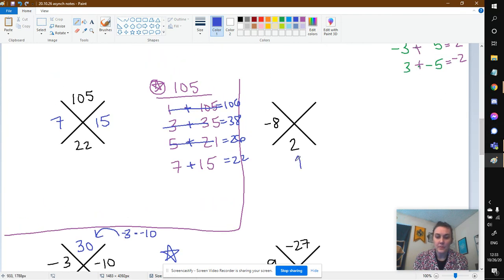Okay. We know that 2, for this one, is equal to negative 8 plus some mystery number. So we can write an equation, add 8 to both sides, and get that this needs to be 10 in order for negative 8 plus this something to be 2. So we used the information we were given, and we used the relationship with negative 8 that we had to solve for the next number, and then we multiply these numbers and get the top.